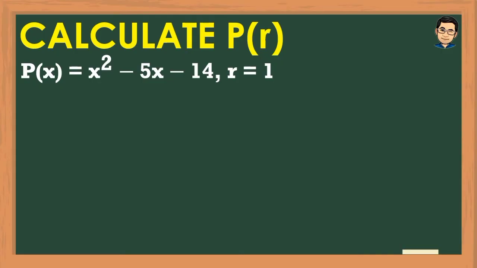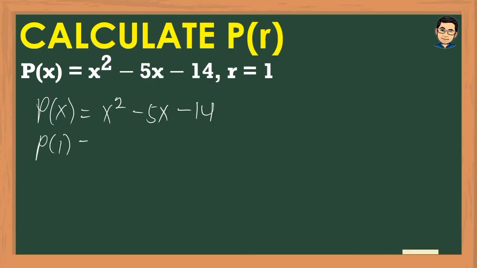So let's start. Sulat muna natin yung given polynomial, p of x equals x squared minus 5x minus 14. Okay, and then magiging p of 1 equals, isa-substitute na natin ngayon yung 1 dun sa x. So, mangyayari, quantity 1 squared minus 5 times 1 minus 14. And then, p of 1 equals 1 squared, that is 1.